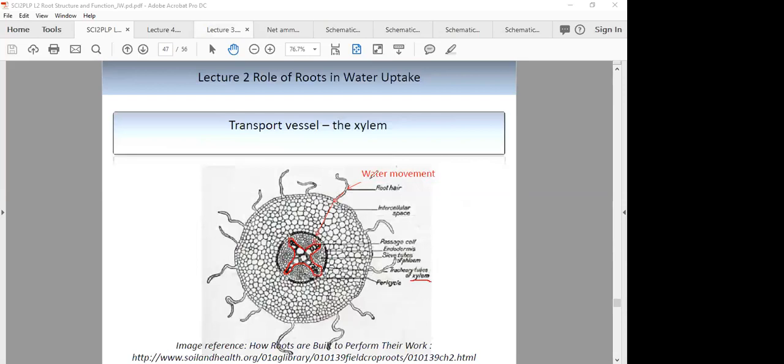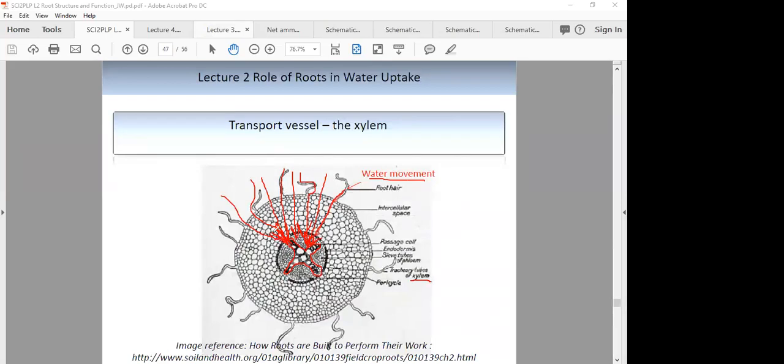So you can see here water movement, indicated by that red arrow. But what I want you to imagine, because this doesn't really come out clearly, is that the water movement is occurring right through just about every part of that root.